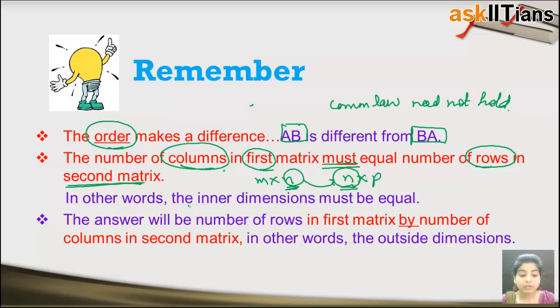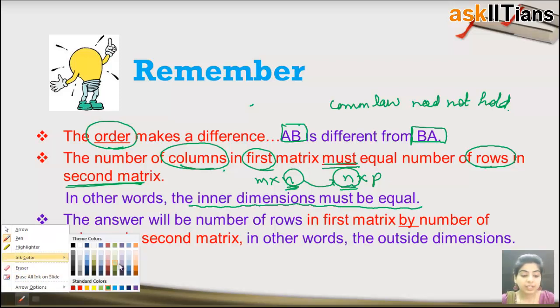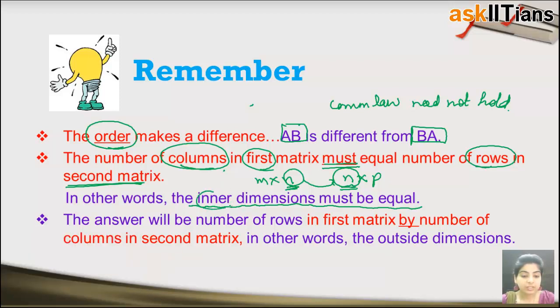Or we can also say it as the inner dimensions must be equal. These are the inner dimensions, and in both the cases this is the inner dimension. So inner dimension means this n should be equal to this n, and the last is the answer will be the number of rows in the first matrix by the number of columns in the second matrix, that is the outside dimensions.